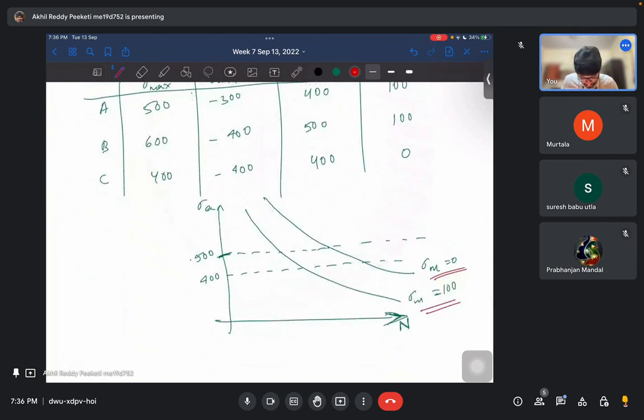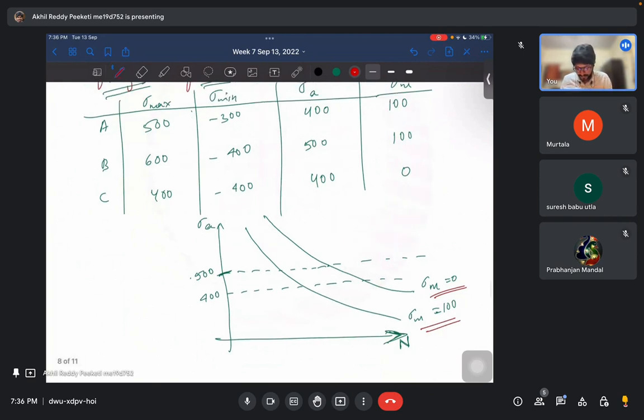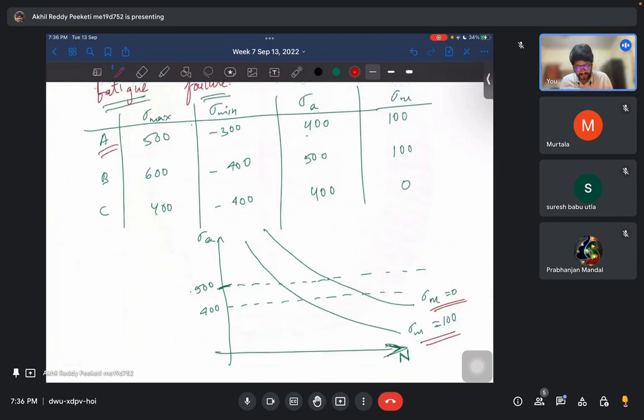Now, A has amplitude 400 and mean 100. So this would be the number of cycles that sample A can withstand. Now B is 500, 100.